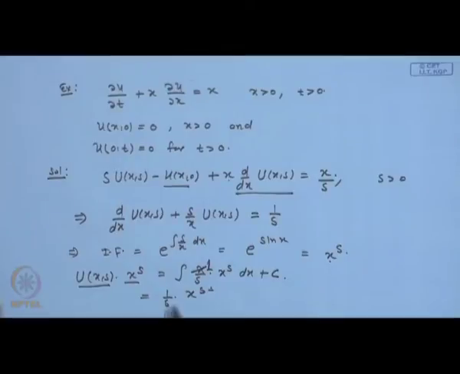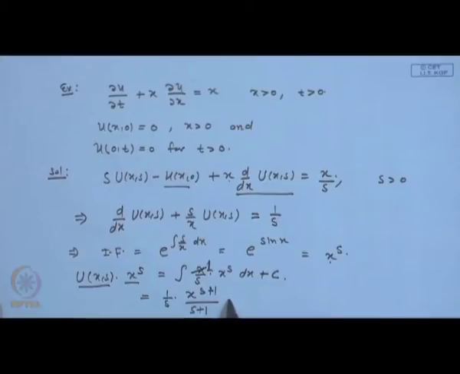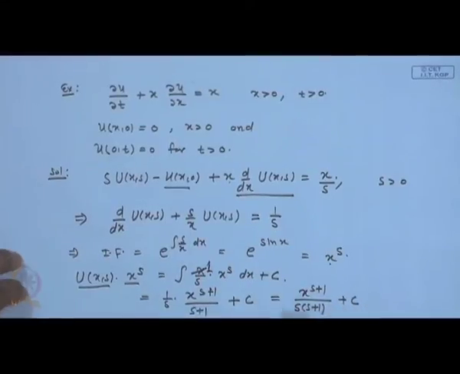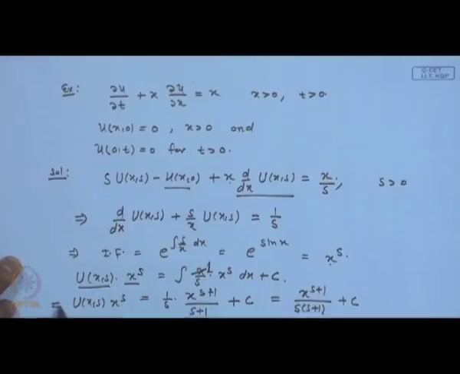So, in this case 1 over s, and the integral would be x to the power s plus 1 over s plus 1, and then the constant. So, we have x to the power s plus 1 over s times s plus 1, and a constant.